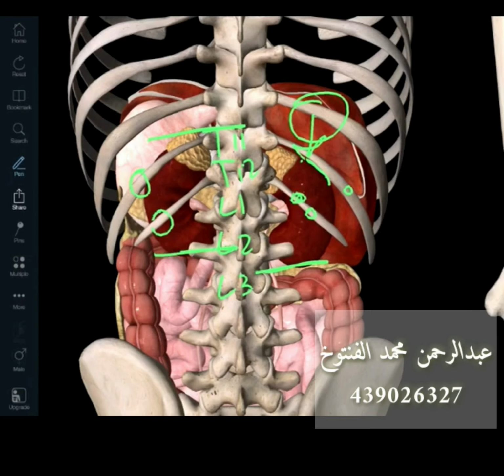And I'm going to draw an imaginary line here, called the transpyloric plane. The transpyloric plane is important to describe the abdominal visceral organs, and I'm using it here especially to compare the right and left hilum.